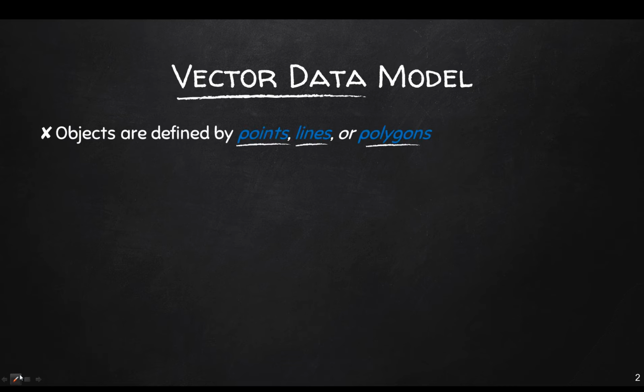In the vector data model, objects are defined by points, lines, and polygons. An example of a point might be a fire hydrant, or a tree, or a crime location. A line could be a river, a road, and polygons can be census tracts, county boundaries, lakes, and so forth.